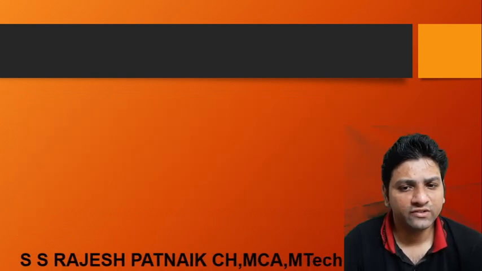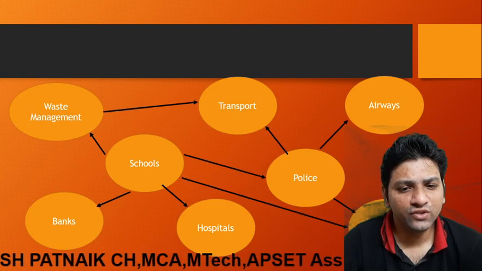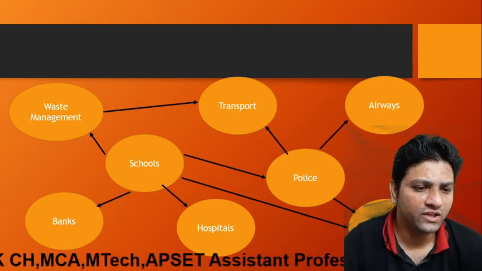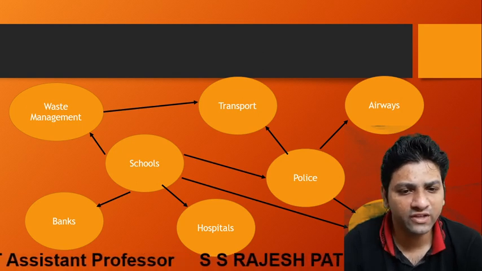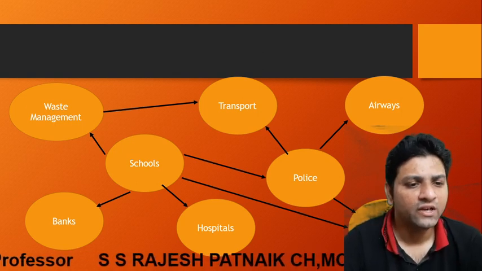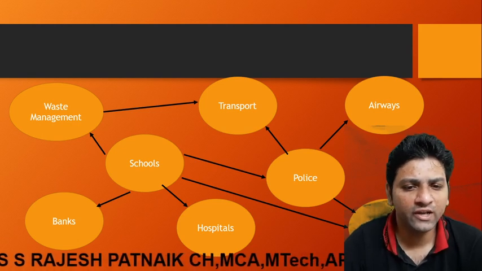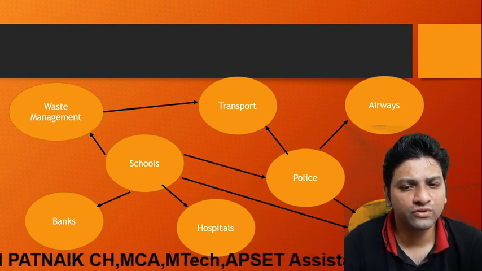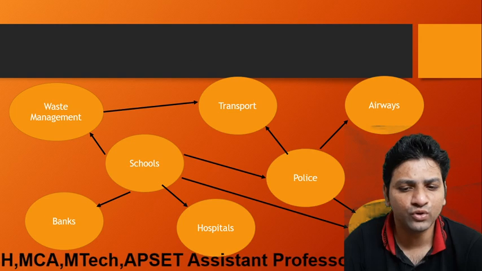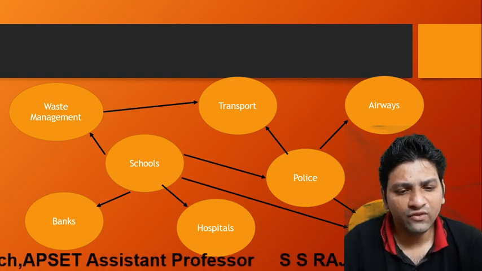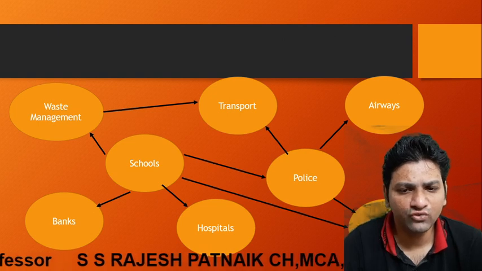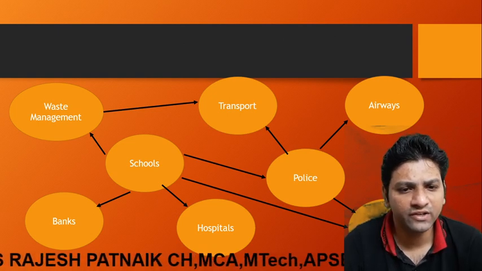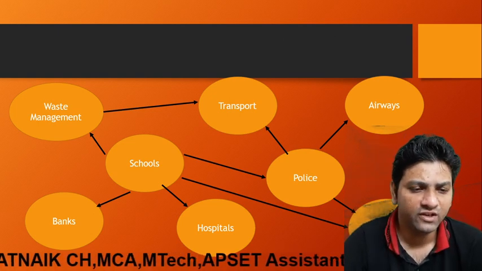If you see, there are lots of different components in the smart city: waste management, transport, airways, schools, police, railway, hospitals, banks, etc. There are so many major elements in smart cities.